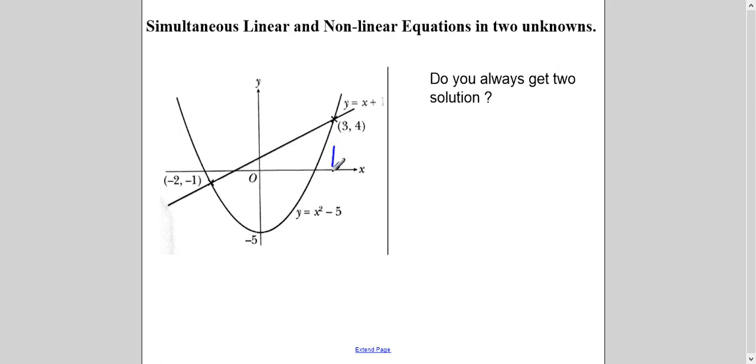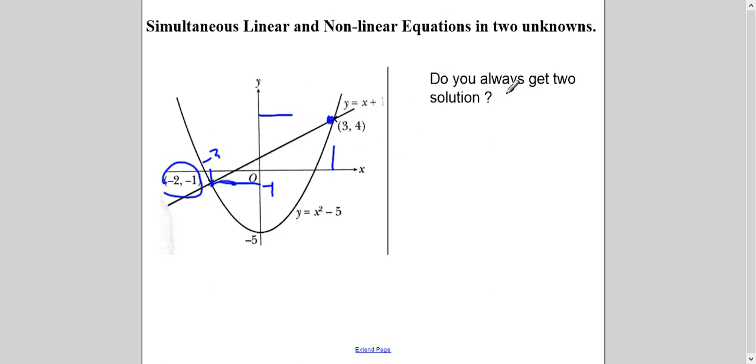This x coordinate is 3 and this y coordinate is 4, so the point is written (3, 4). Now this point is, suppose, minus 2 and this is minus 1. So that is the solution. When you solve a non-linear and a linear equation, you get two answers of x and two answers of y. It means one point and the other point.